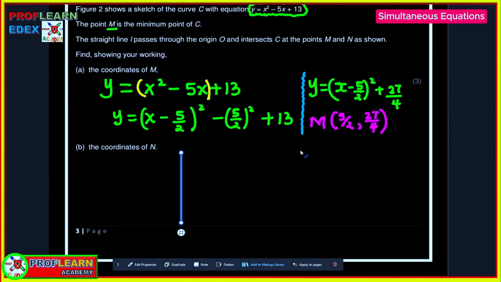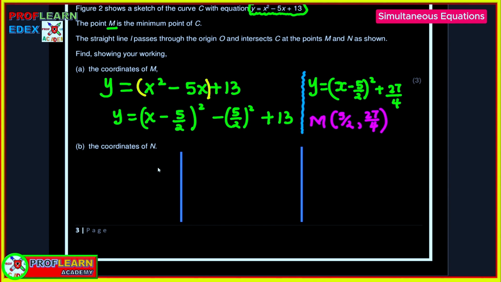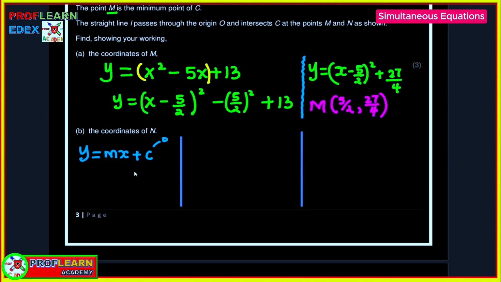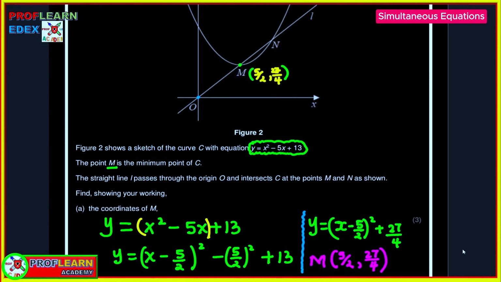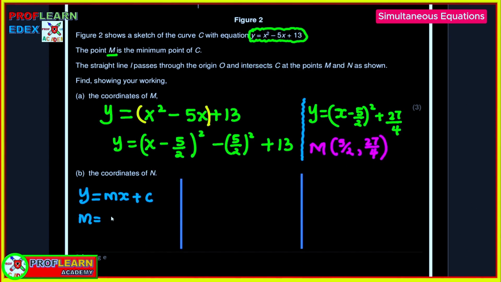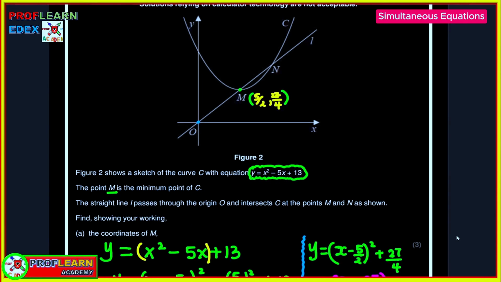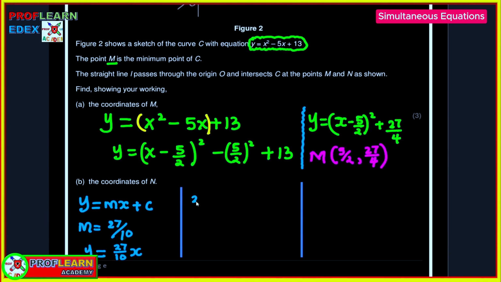Finding the gradient, we get 27 over 10. So the y-intercept is 0 and the gradient is 27 over 10, and therefore y equals mx plus c.